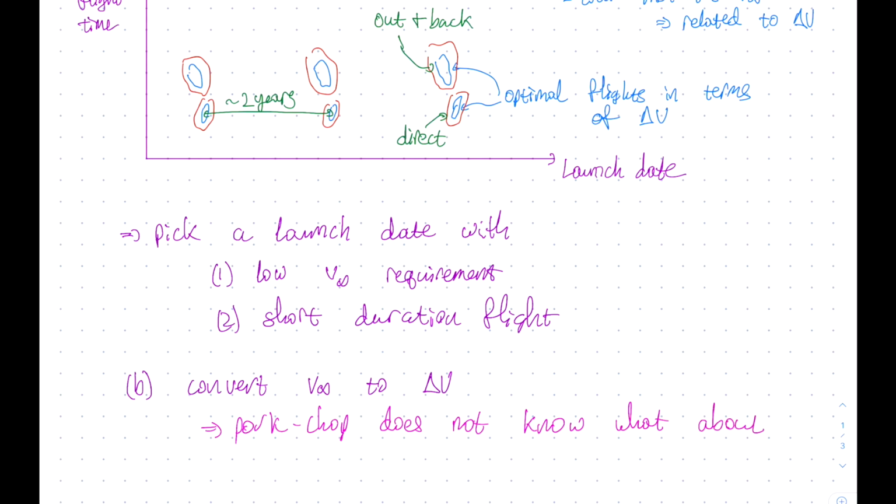It only knows about orbits around the Sun. And therefore we need to supplement the data from the pork chop plot with data about the spacecraft's initial orbit around the Earth, or around Mars if it's departing from Mars. Figuring out how to do that will be the point of the second part of this video, which will appear as a separate video.